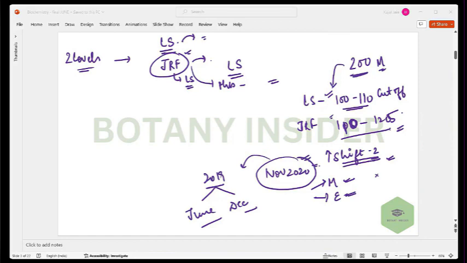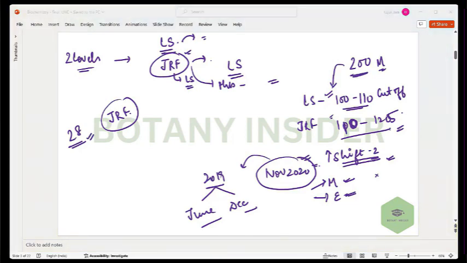Right now, talking about the age limit, so the revised age limit, according to the information that we have, the age limit for CSIR JRF is 28, that is, till the age of 28 years you can apply for JRF, and for LS there is no age limit. That means if you want to apply for LS, there's no age limit, but if you want to apply for a JRF, the age limit is 28 years.